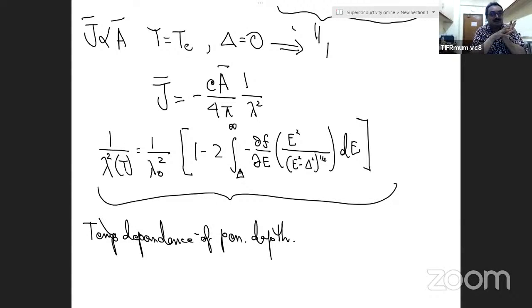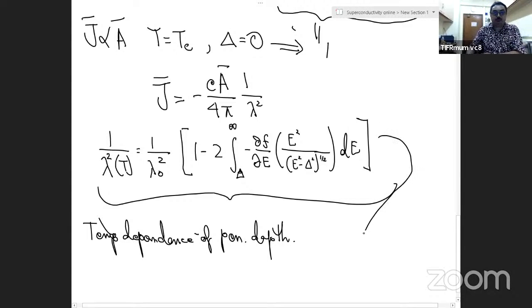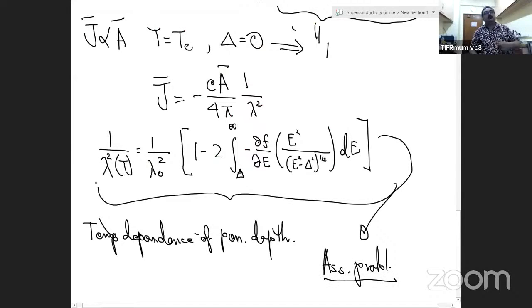There is something further. We have gotten the BCS temperature dependence of the penetration depth, and as you get used to, this will also be an assignment problem. In the next assignment, you will have to calculate and plot the temperature dependence of 1 by lambda square.